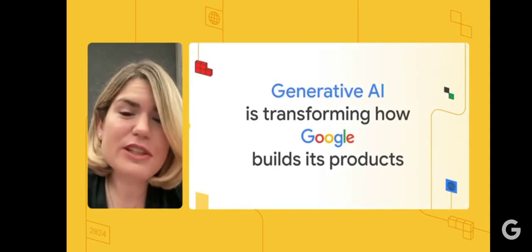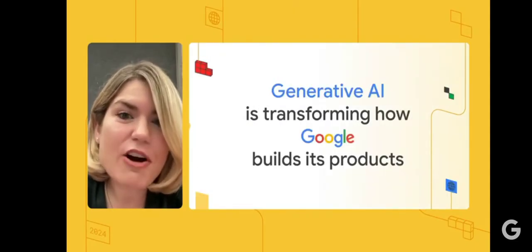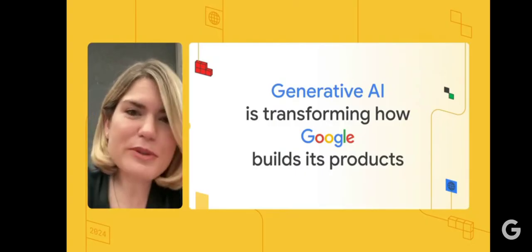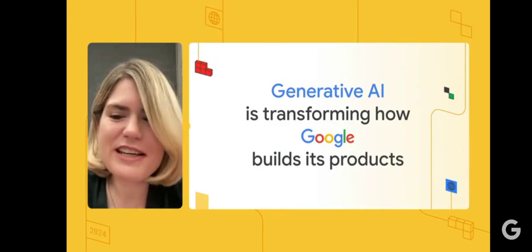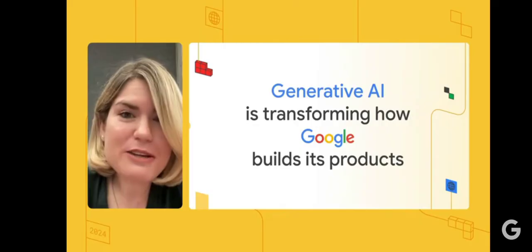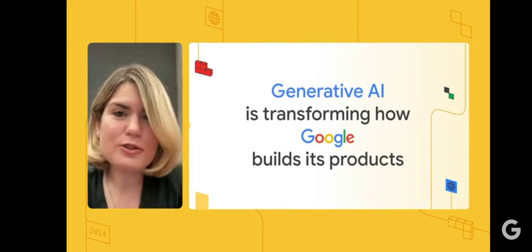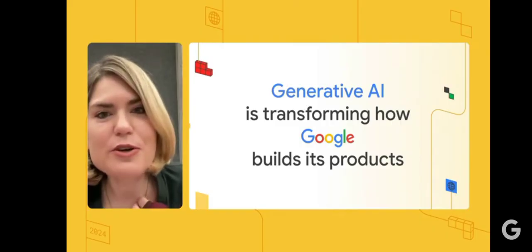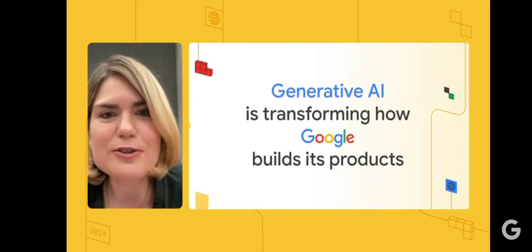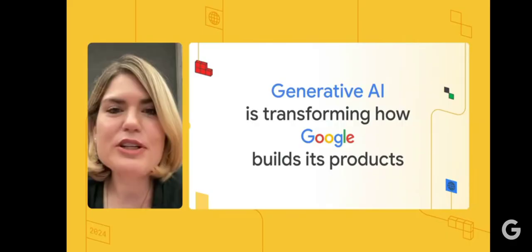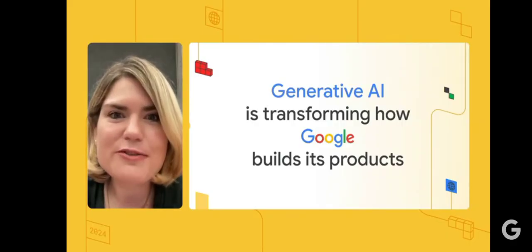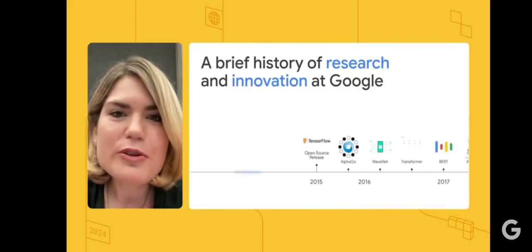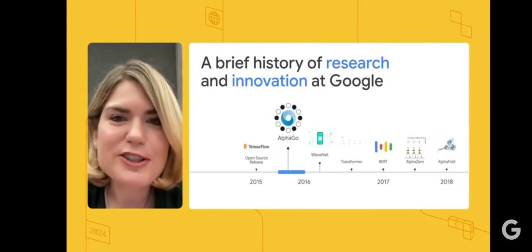Generative AI is really transforming how Google is building all of our products. And you've probably already seen this with something like Gemini being baked into Google Docs, into Google Sheets, being baked into code completions, code generation, and finding and fixing errors within Colab, and pretty much every single one of our product surfaces. Google isn't really a stranger to machine learning and AI.